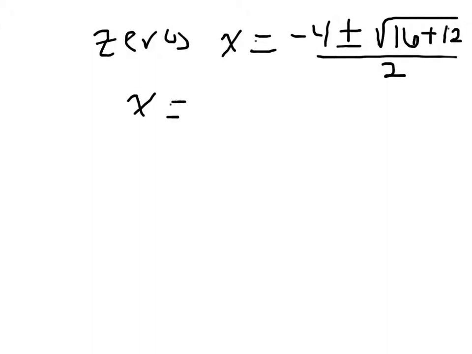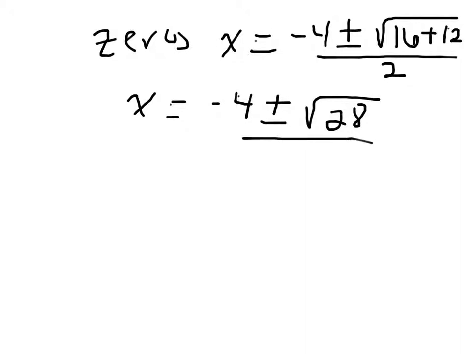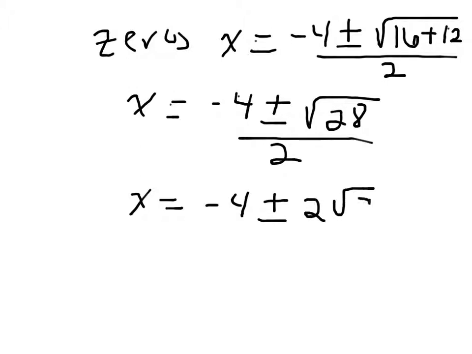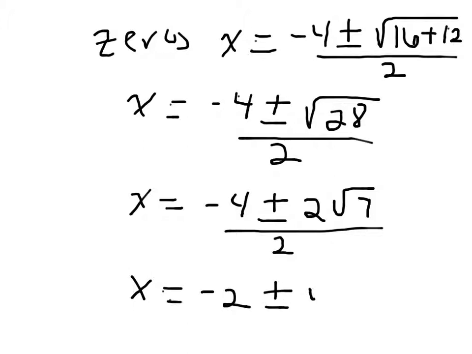X equals negative 4 plus or minus the square root of 28 over 2. Continuing to simplify, negative 4 plus or minus 2 root 7 over 2. So our zeros become negative 2 plus or minus root 7.